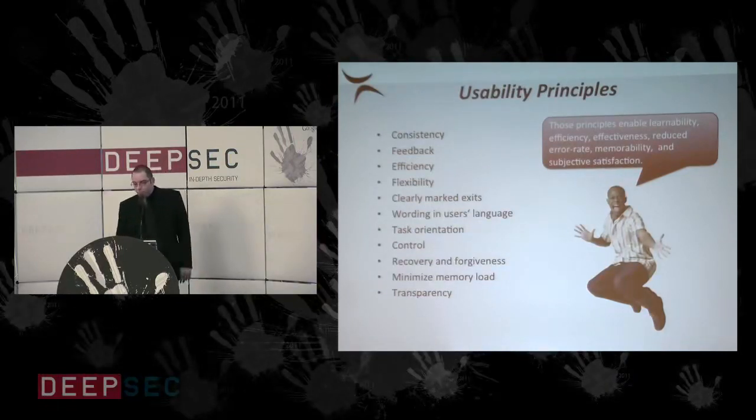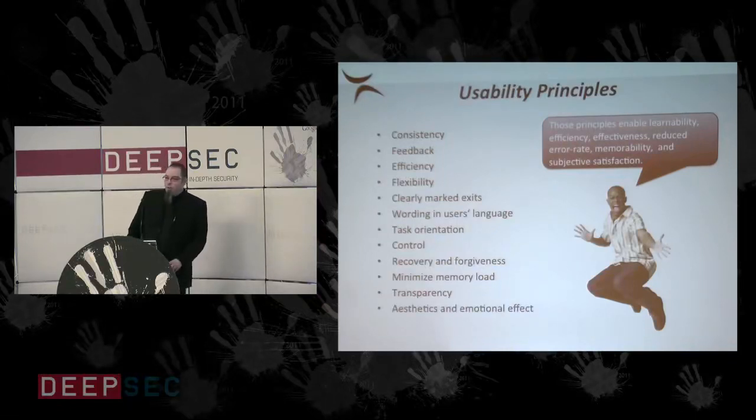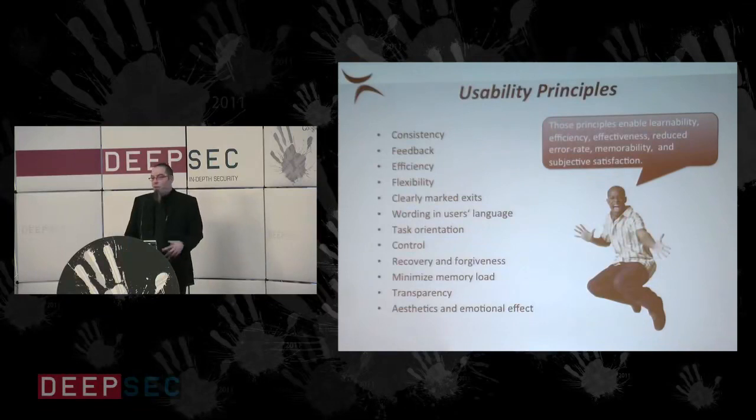Last but not least, every artifact humans build has an aesthetical and emotional effect, whether you want it or not. So if you build, for example, a device which has the aesthetics of a brick, then people will have the user experience, hey, that's just a brick.